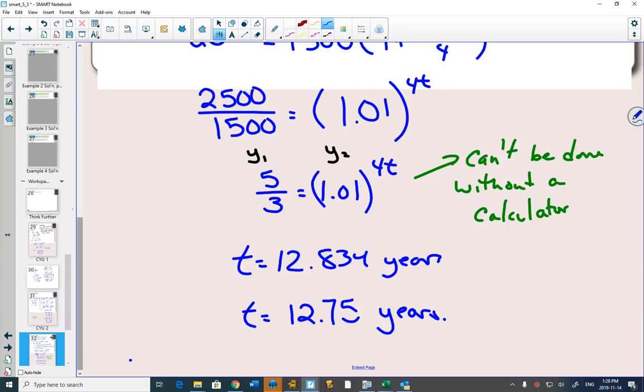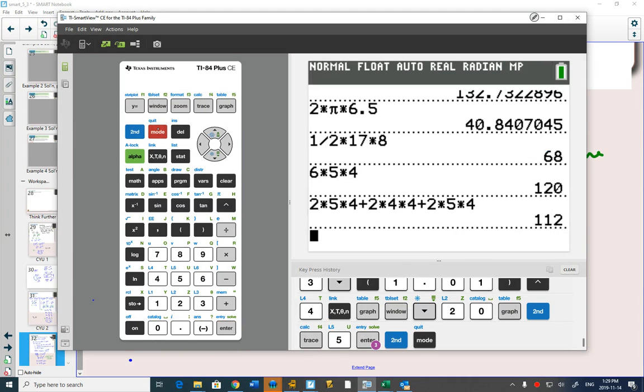Now, because you don't have a graphing calculator on your final exam, we're going to learn how to do this same question. Okay, 12.83.